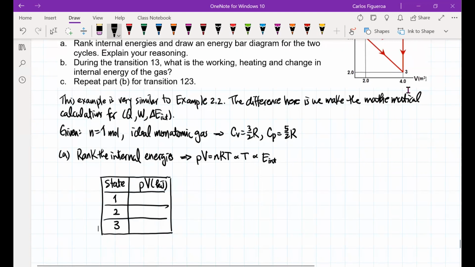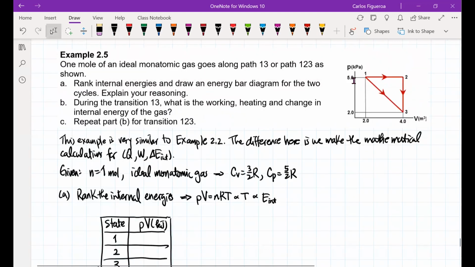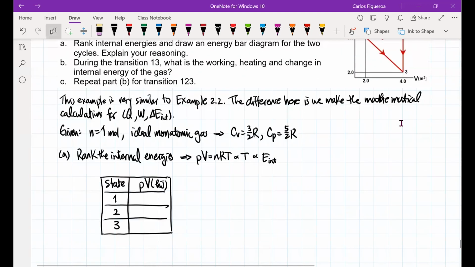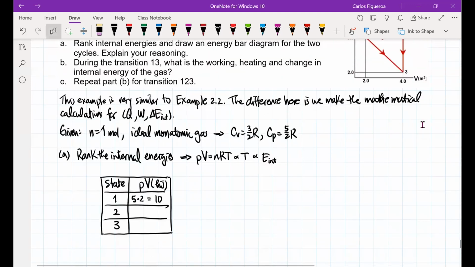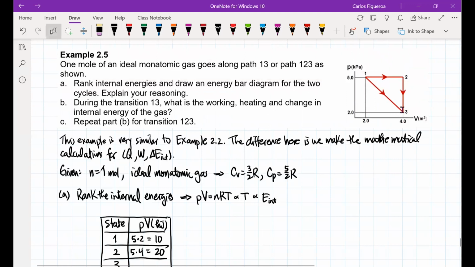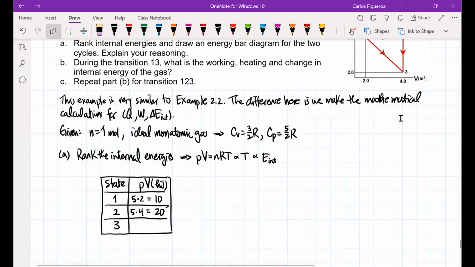So if I look at state 1, that's 5 times 2, so that equals 10 kilojoules. If I go to state 2, that's 5 times 4, so that's 20 kilojoules. And then state 3 is 2 times 4, so that's 8 kilojoules.